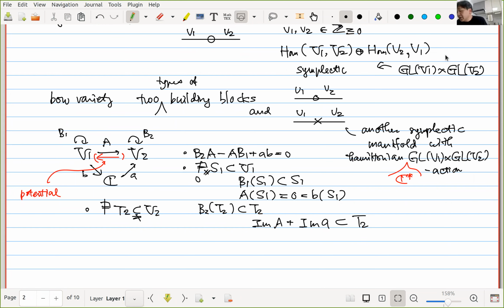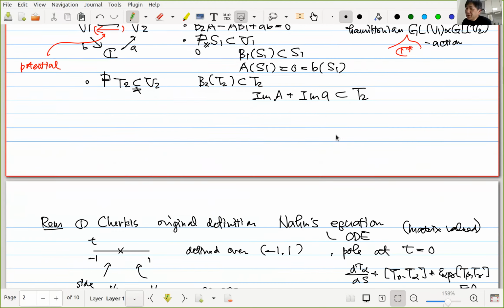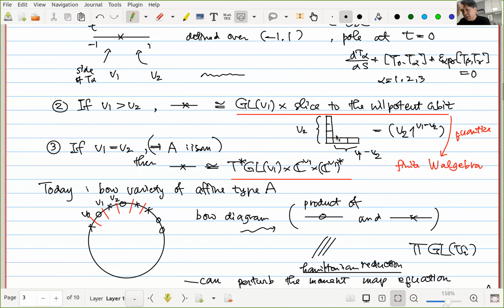But I can further replace them by corresponding vertex operator algebras. One is just free fields, so the vector space we just replace by free fields. And for the second one, you just replace the finite W-algebra by the usual affine W-algebra. And then take the product and take the quantum Hamiltonian, quantum Drinfeld-Sokolov reduction. So in that sense, you can define the vertex operator algebra corresponding to a Bow diagram.